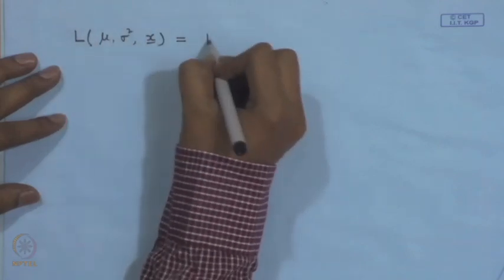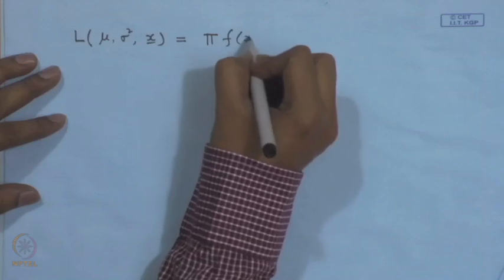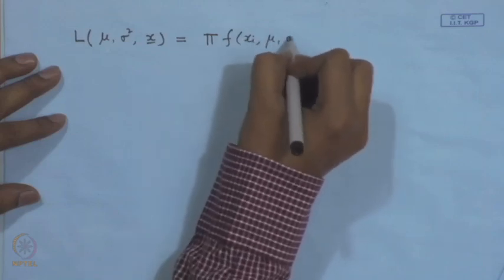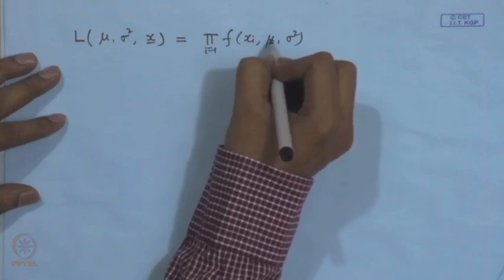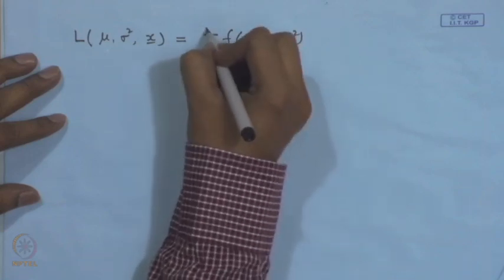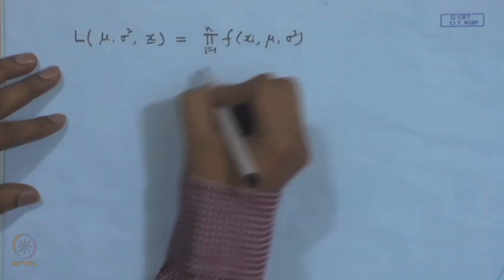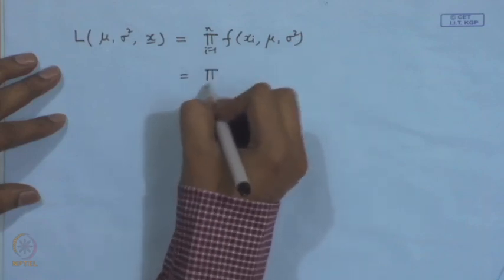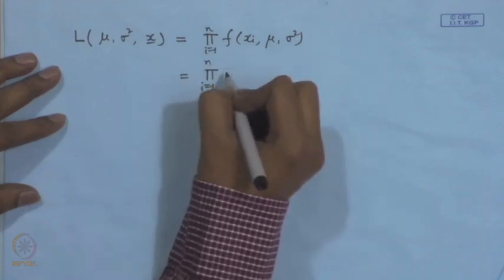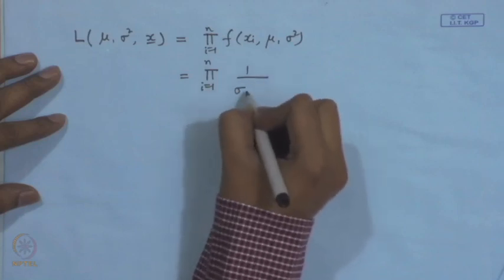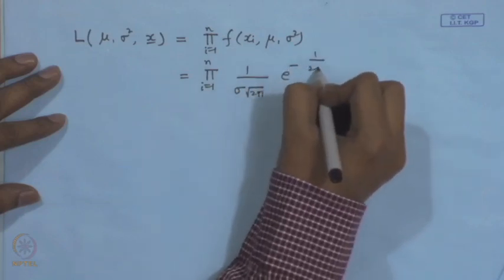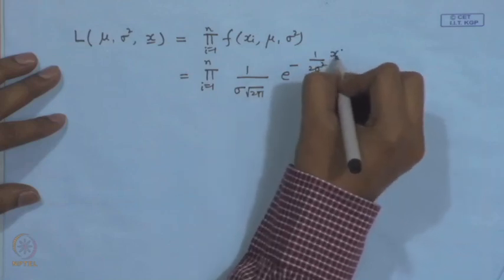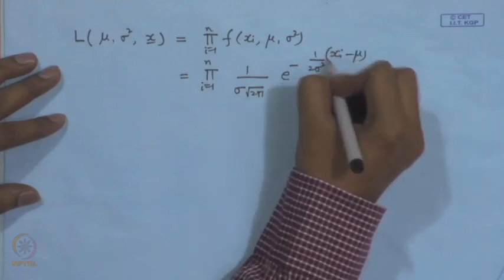So, this is the joint density function as before. In the earlier cases I had substituted special values of mu or sigma square as the case was. In this case we will have to write down the full form of the density function of a normal distribution, that is 1 by sigma root 2 pi e to the power minus 1 by 2 sigma square x i minus mu whole square.